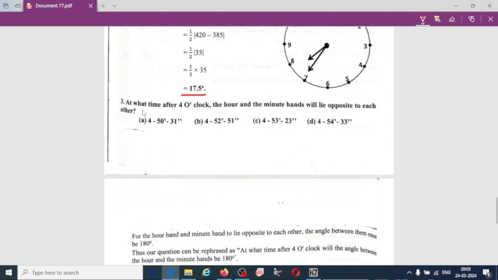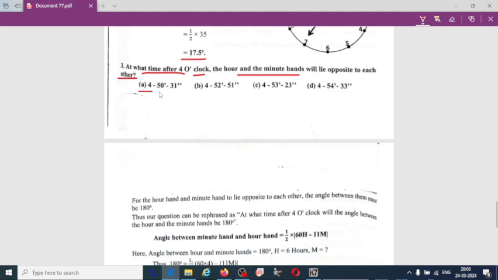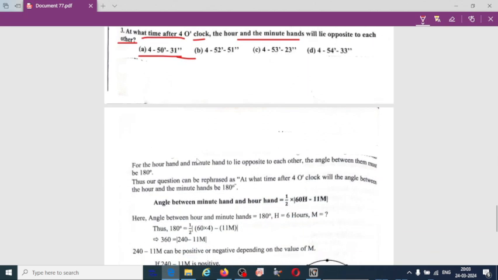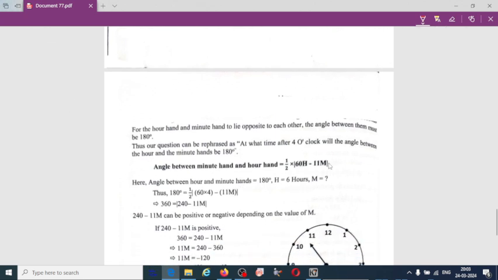So another one, at what time after 4 o'clock will the hour and the minute hands lie opposite to each other? So they have given here 4 options. First, the hour is what, 4 o'clock. When the minute and hour hands lie opposite to each other, then the angle is how much, 180 degree.